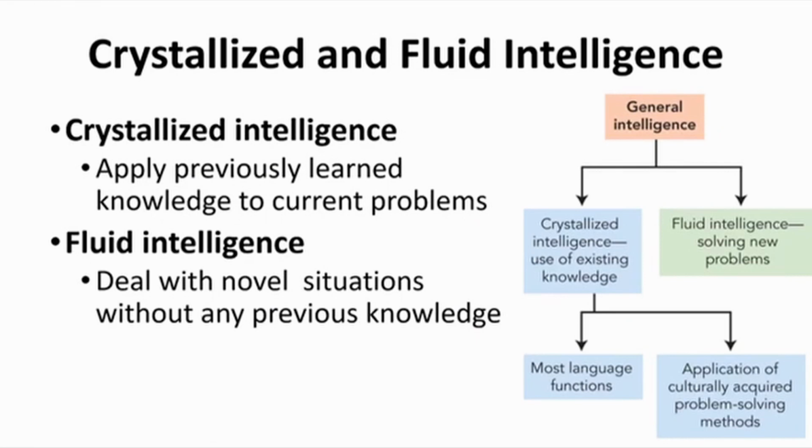Our next theory of intelligence looks at crystallized and fluid intelligence. And so in this case, 2 researchers, Carroll and Horn, decided to break down Spearman's general intelligence idea. And so they broke general intelligence down into crystallized intelligence and fluid intelligence.